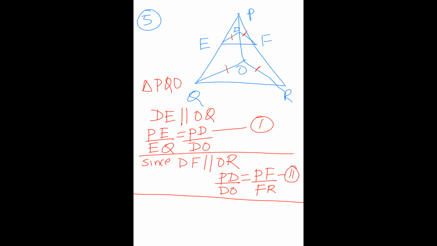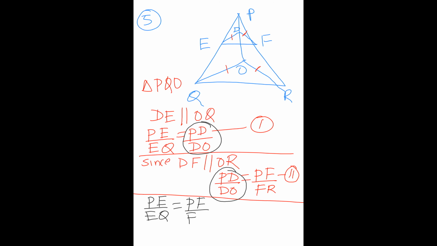Now from 1 and 2, what you are observing, see here, PD by DO is common. So from equation 1 and 2, you are getting PE by EQ is equal to PF by FR.